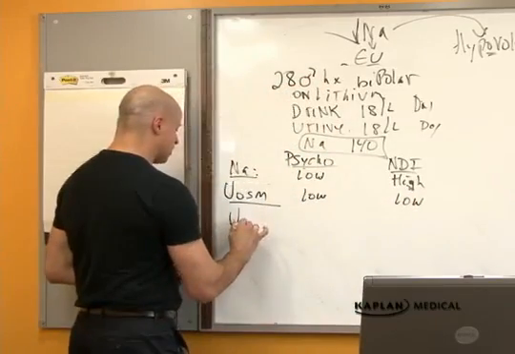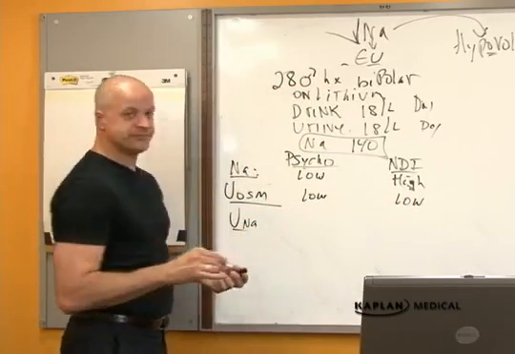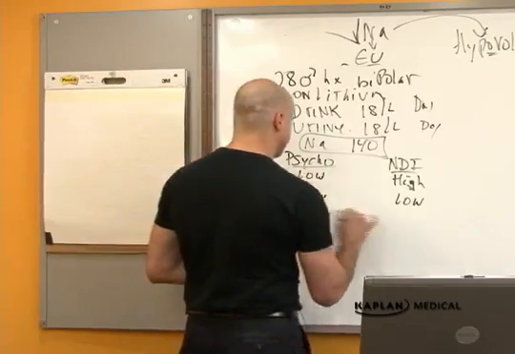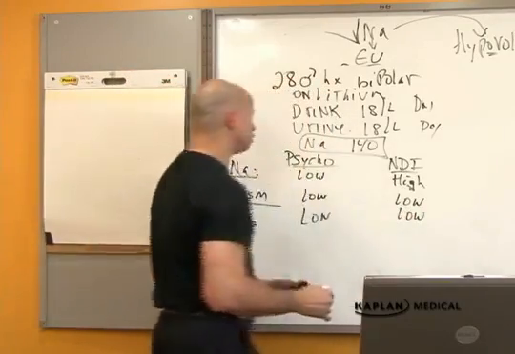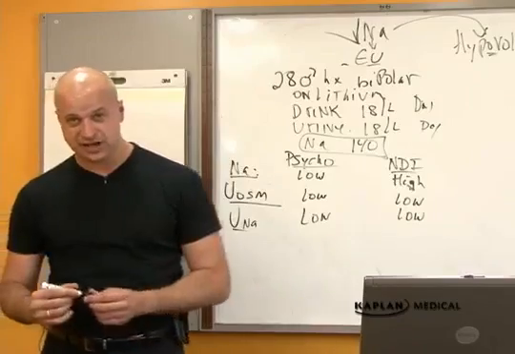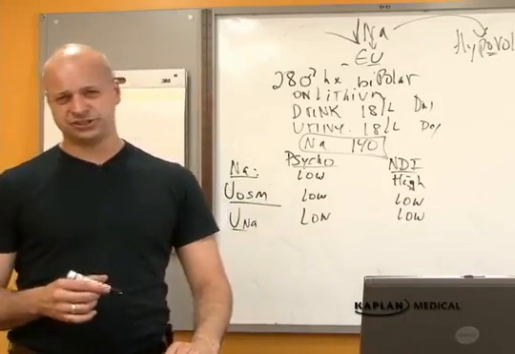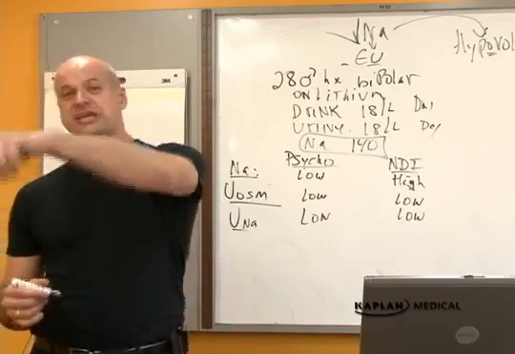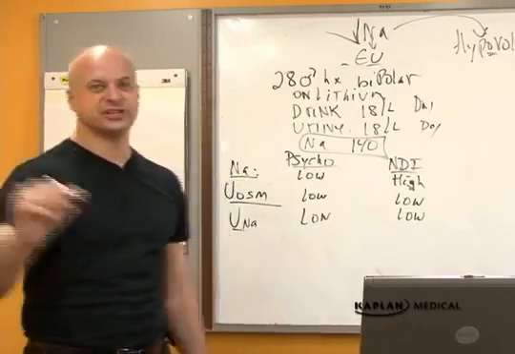Which of these will have a low urine sodium? Both of them. Matter of fact, if you show me a high volume urine with high osmolality and high sodium, I'll show you a dead person. By definition, high volume urines have to be low osmolality, low sodium.